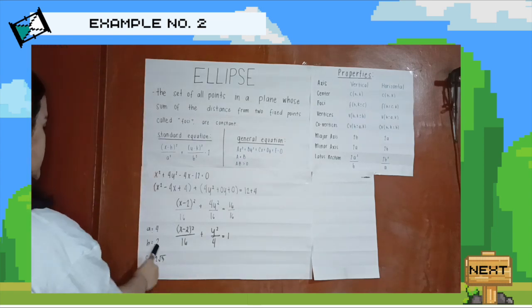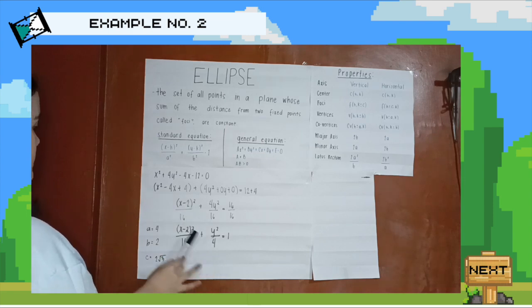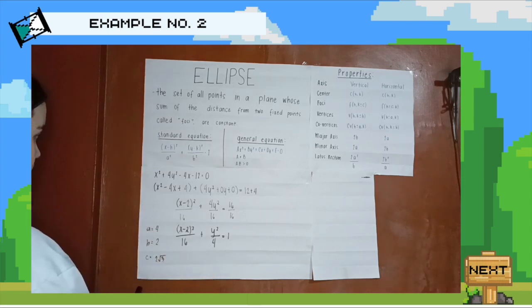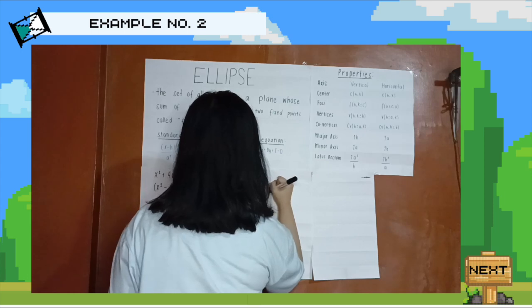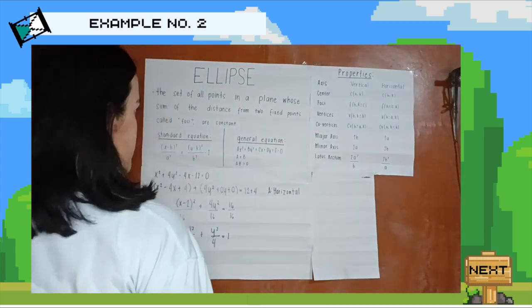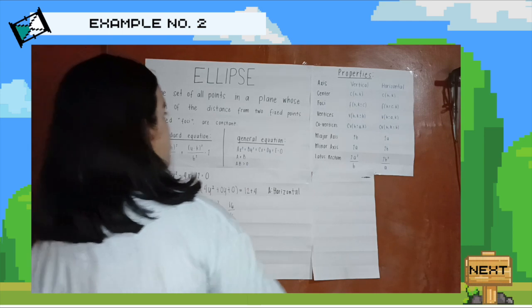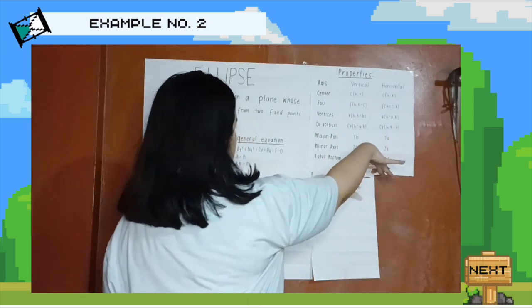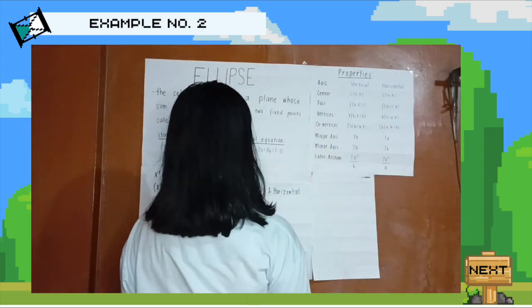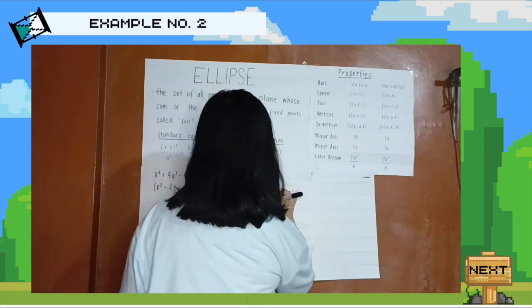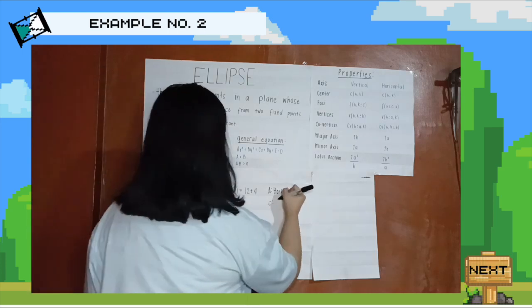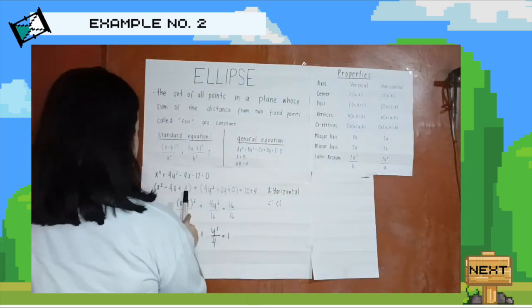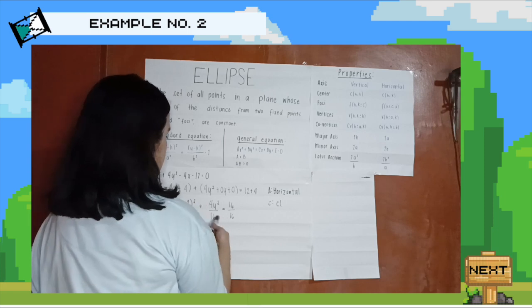Since a is higher than b, we can say that the given axis is horizontal. And since our axis is horizontal, we will be referring to this table. So the center is (2, 0).